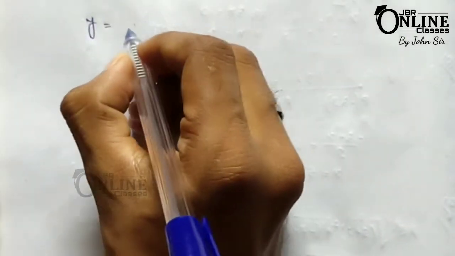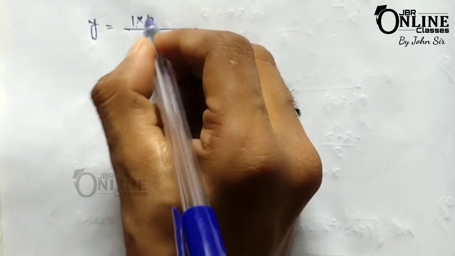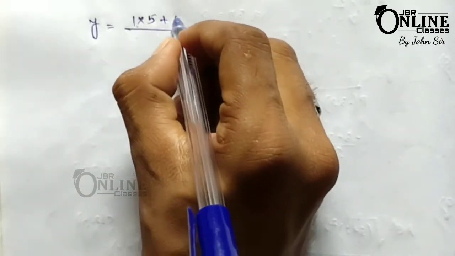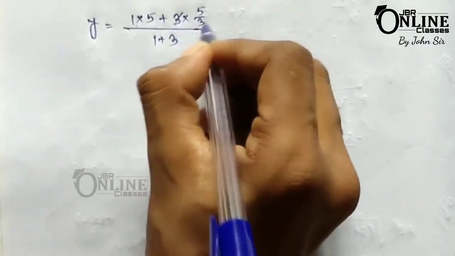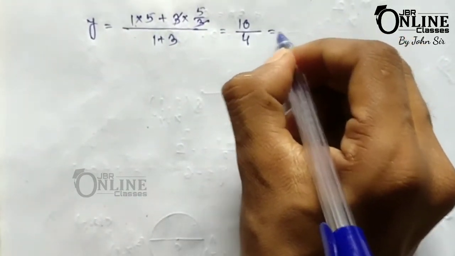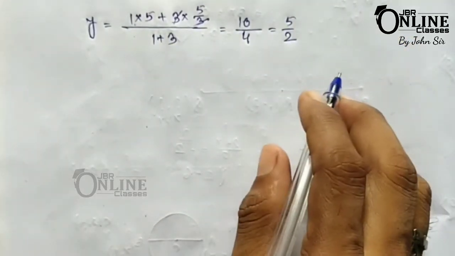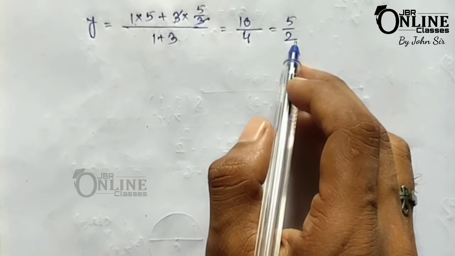Now y, according to the formula m y2 plus n y1, m equals 1, n equals 3, y1 equals 5 by 3, divided by 1 plus 3. So that equals 5 plus 5, that means 10 by 4, so 10 by 4 means 5 by 2. So x equals a minus 3 by 4 and y equals 5 by 2.